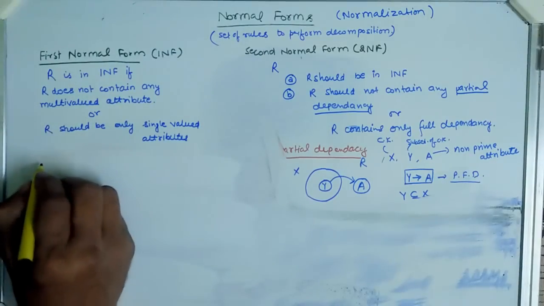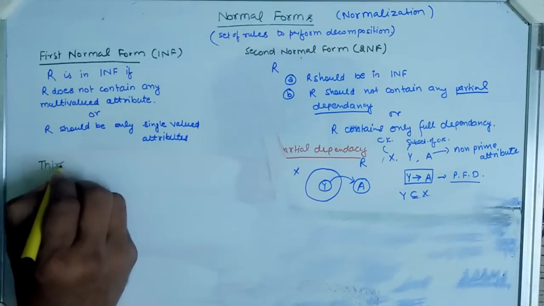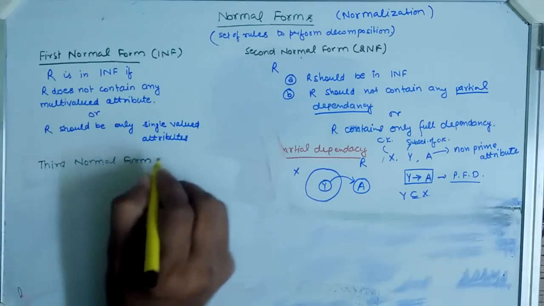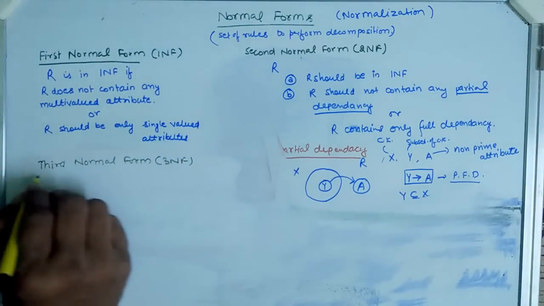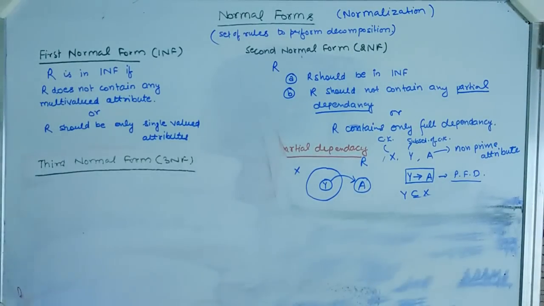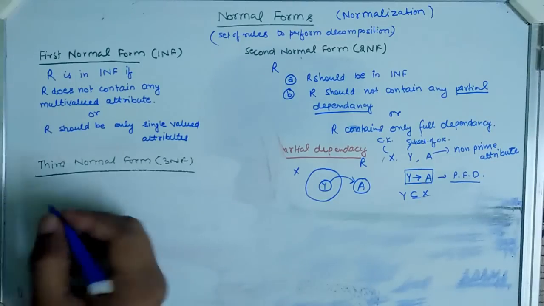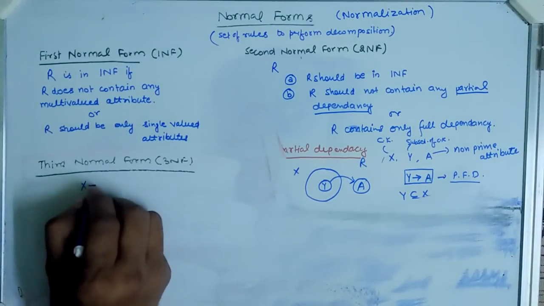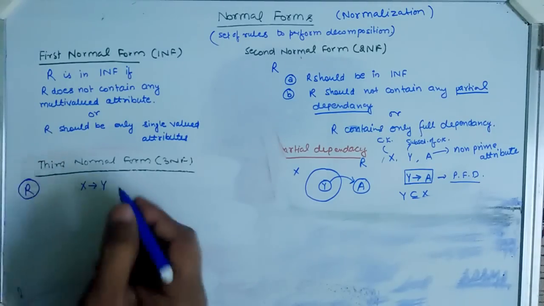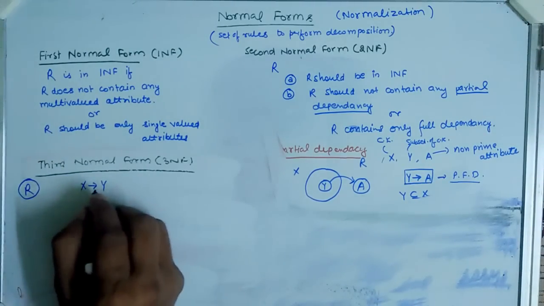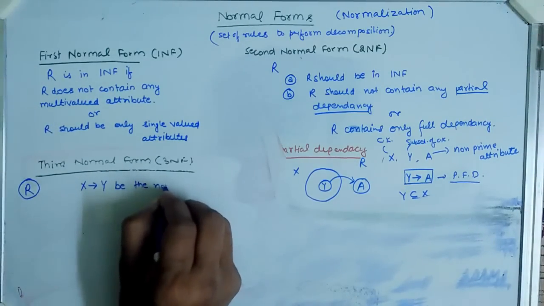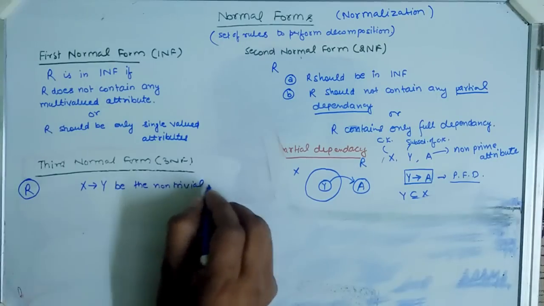So third normal form, which is also denoted by 3NF, has the following condition. A relation R is in third normal form if for a given functional dependency X tends to Y, where R is a relation and X and Y are attributes of R, X tends to Y must be a non-trivial FD.